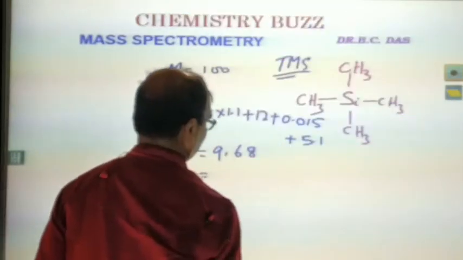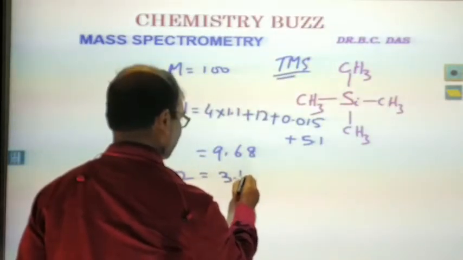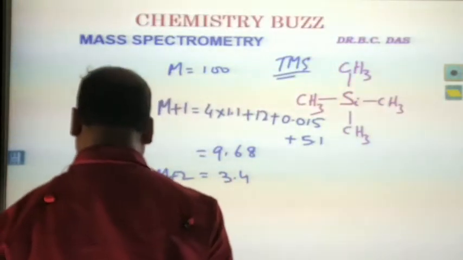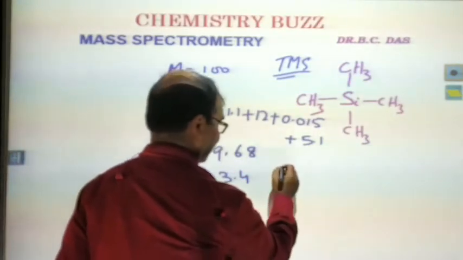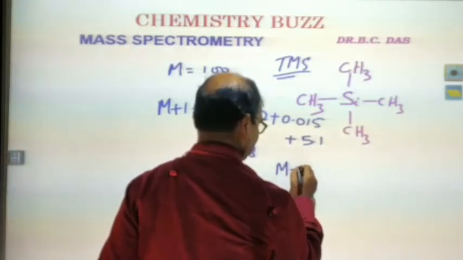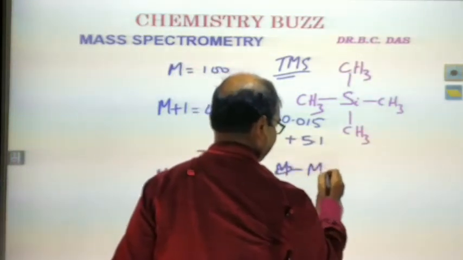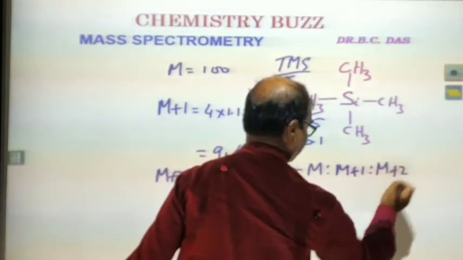So we will have m plus 2 is equal to 3.4%. Okay, so now we will find the ratio of m is to m plus 1 is to m plus 2 for this.